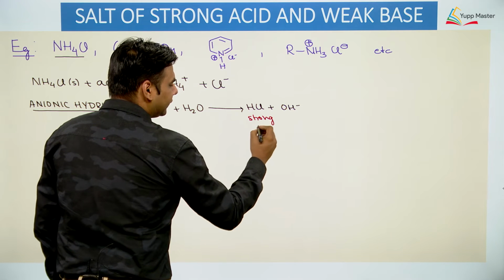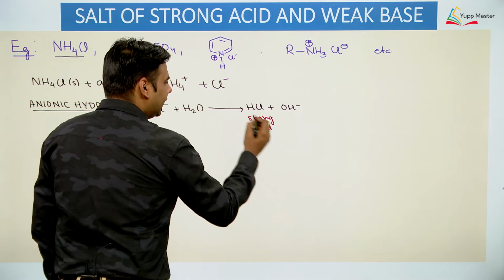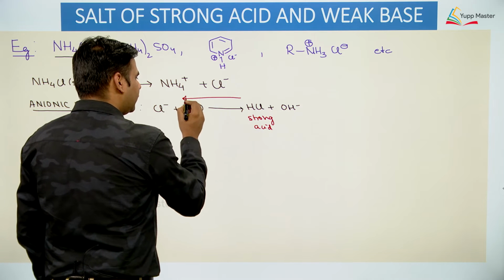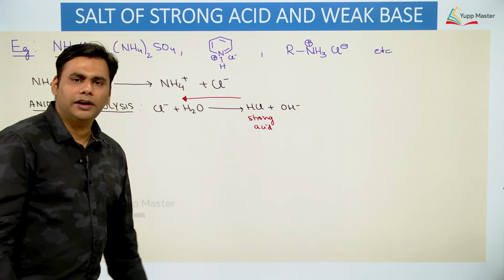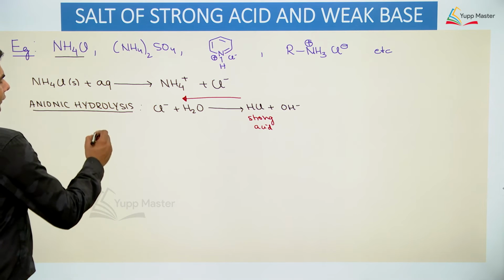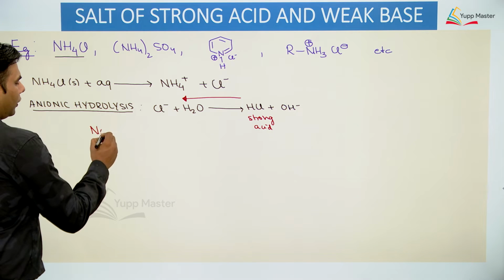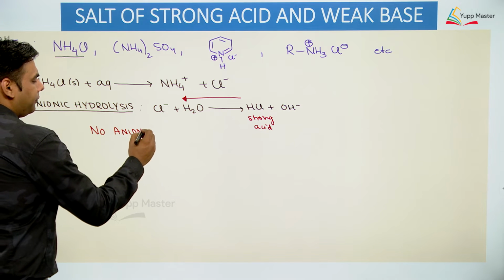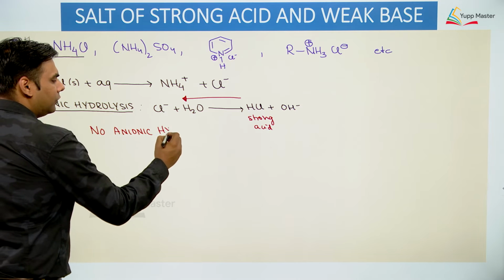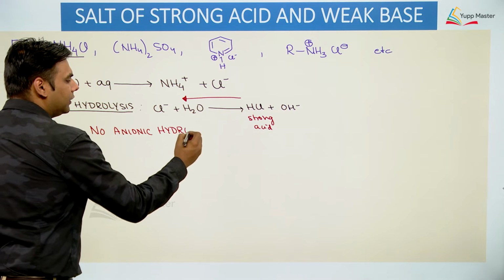So strong acid generally exists in the dissociated form in solution. So this reaction would go back. So we would say that this reaction is not coming in the forward direction, so there is no anionic hydrolysis in this case.